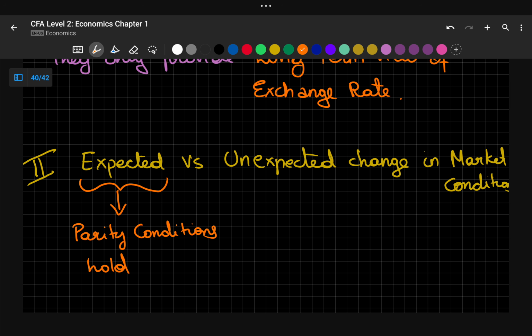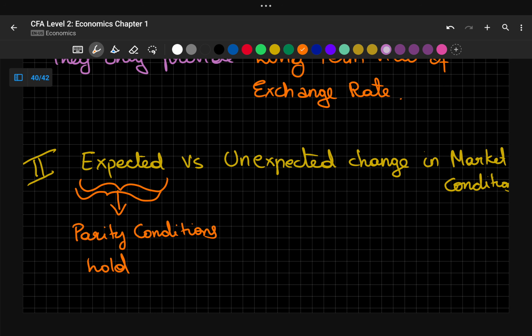Like if you know that inflation is on a rising trend, say in A and B countries, and inflation might be rising in both these countries, then we may infer that inflation is on a rising trend, and that is an expected market condition. Under such a scenario, the parity conditions hold.